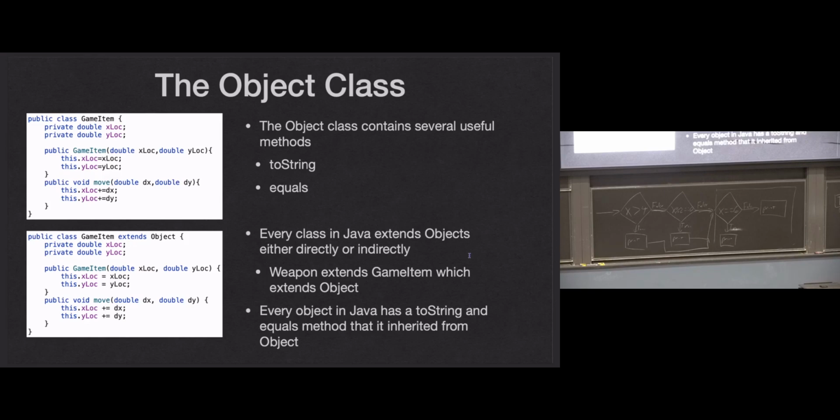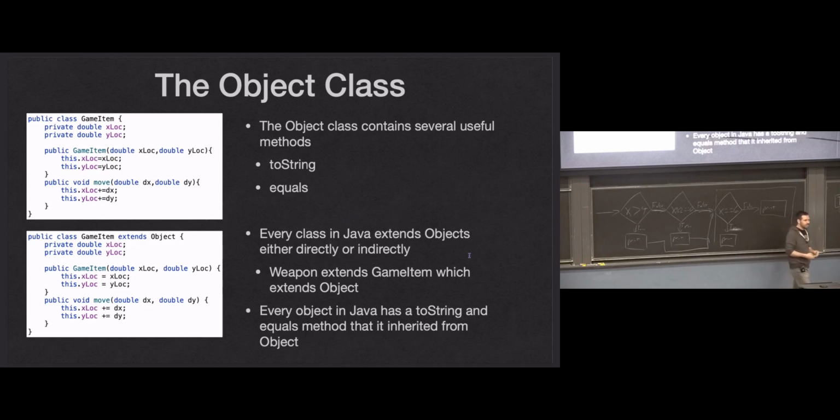So what's in this thing? The 2 big methods that we've already used and that we will use in this class, we won't use any other ones, are toString and equals. These 2 methods exist in the object class, which means every single object in Java, no matter what type they are, what class they were created from, has these 2 methods.